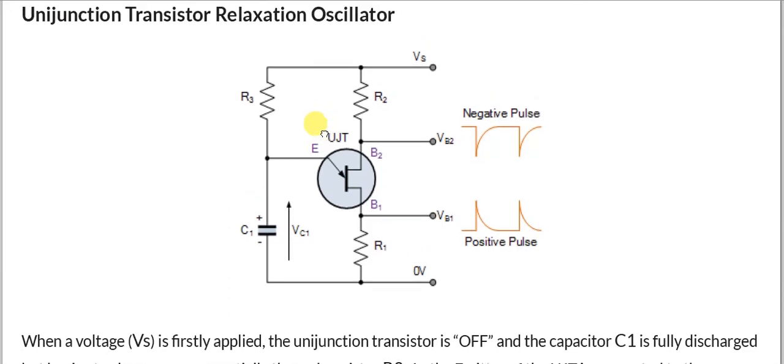This is a typical unijunction relaxation oscillator. You can read it out and correlate the things, and find the positive pulse and negative pulse. These are the spikes, or non-sinusoidal pulses, generated by the UJT.